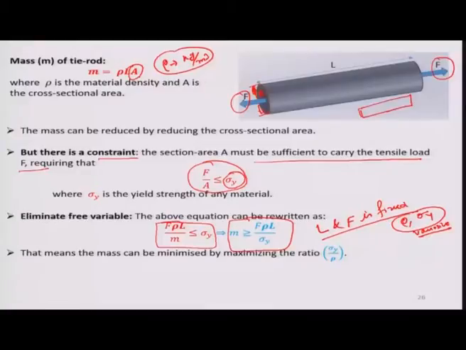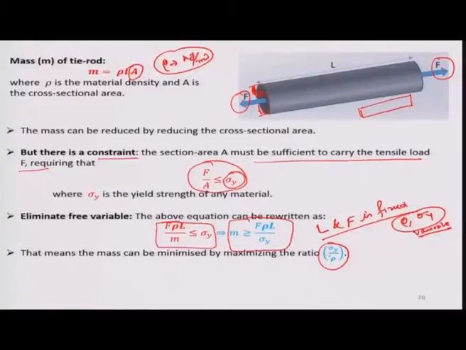Now, our free variables are, what is our free variable? Any material. So, now that means mass can be minimized by maximizing the ratio sigma y by rho.